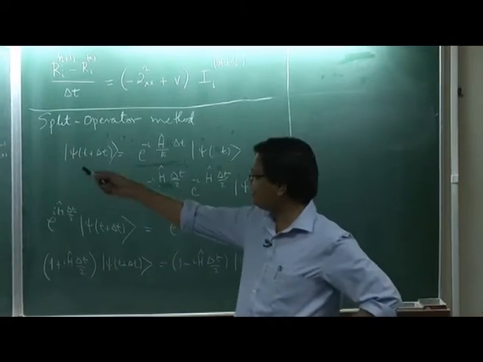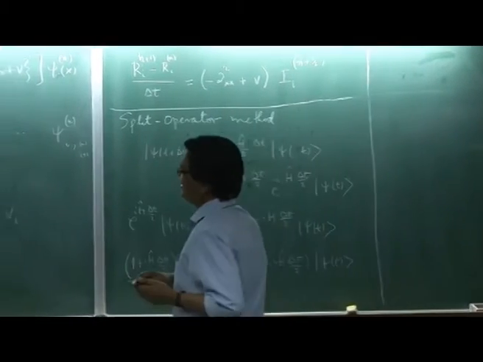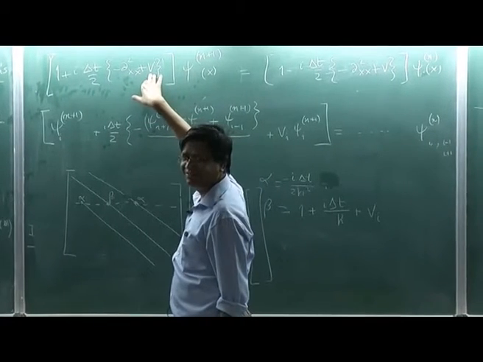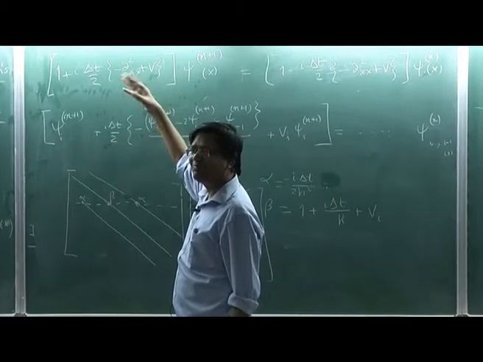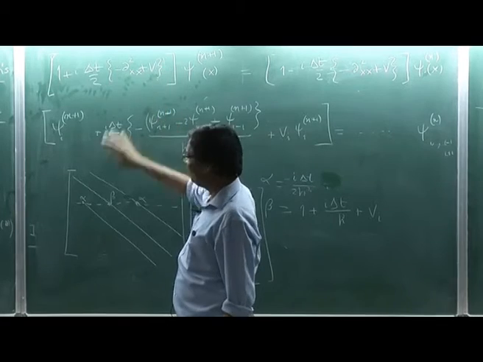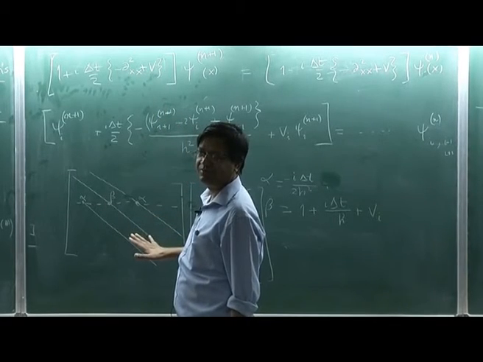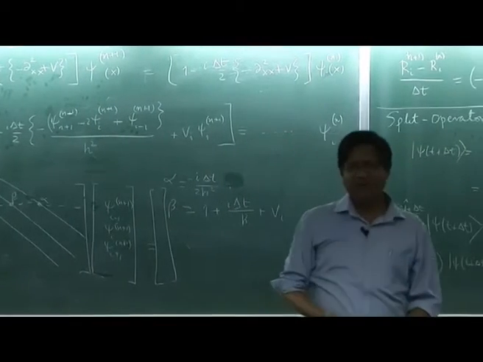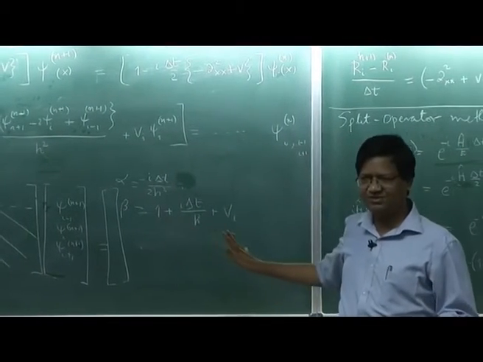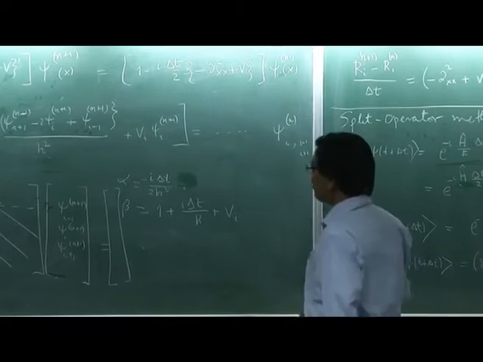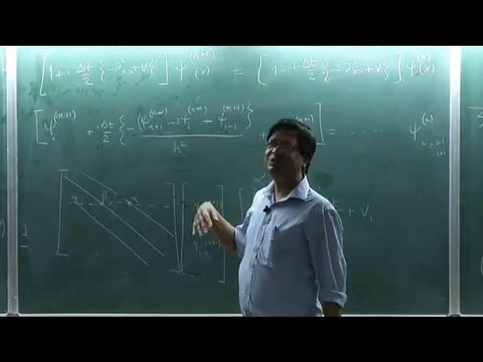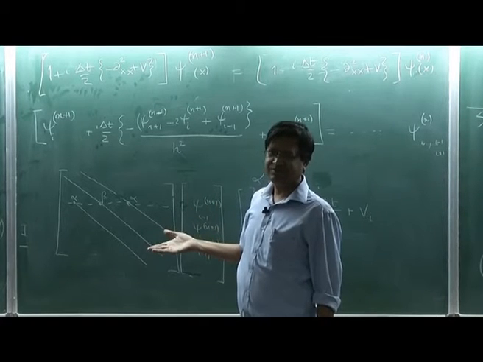In fact, this is a Laplacian operator, but you have something extra here, V. So what you use for the Laplacian operator will work here as well. You can also use an iterative scheme; what you use for an iterative scheme, you can try it here, it will work. But if you want to solve a tridiagonal matrix directly, then you have to use matrix algebra, which I will do maybe on next Monday.